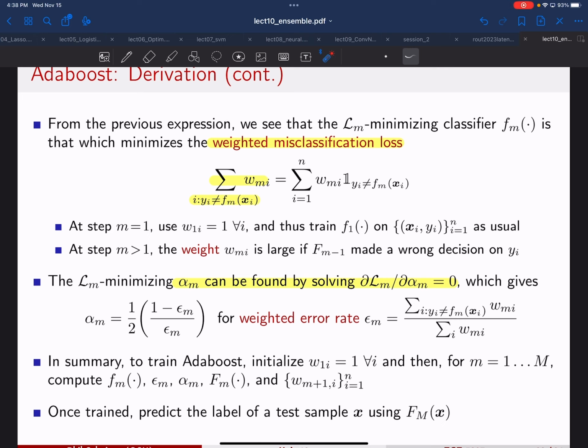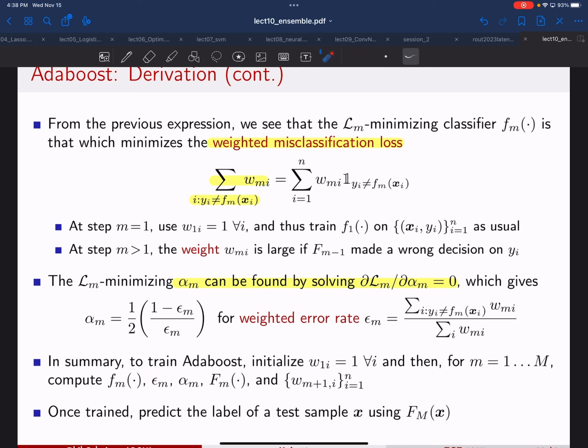Just to understand them all together, what you would do is initialize all these weights at 1 for the first stage, little m equals 1, and then for the following stages, you would first compute this tree. Once you know the tree, you can compute this because you know the weights, you initialize them, you know f, you know the training data, so now you can get these epsilons.